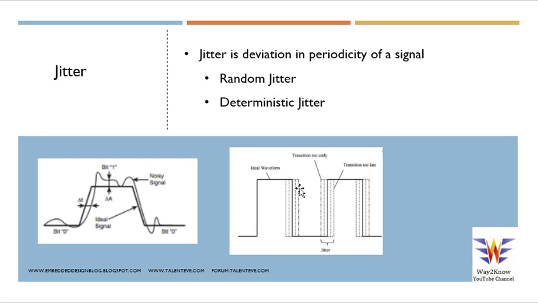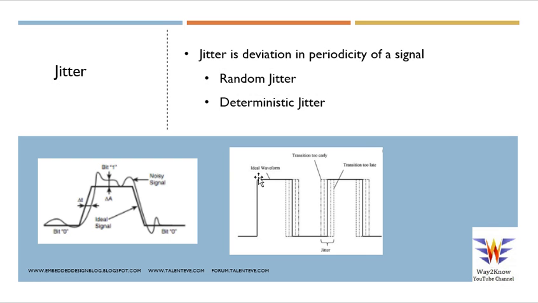So if you see the image here, there is a signal, a square wave basically, which has 50% duty cycle, which can be seen here. So this signal actually, when you transmit over a channel, so when we say channel is nothing but the path between a driver and the receiver.